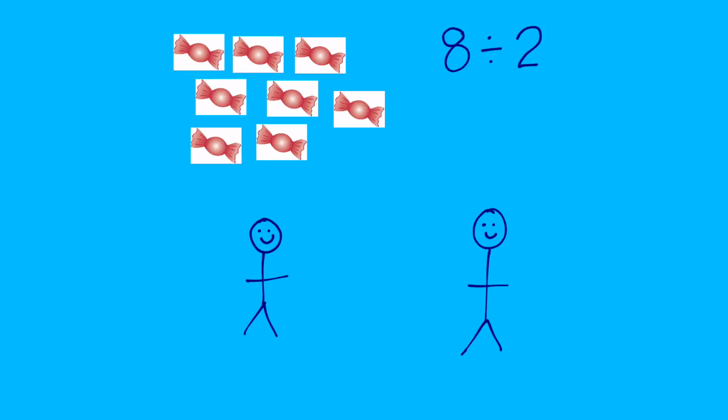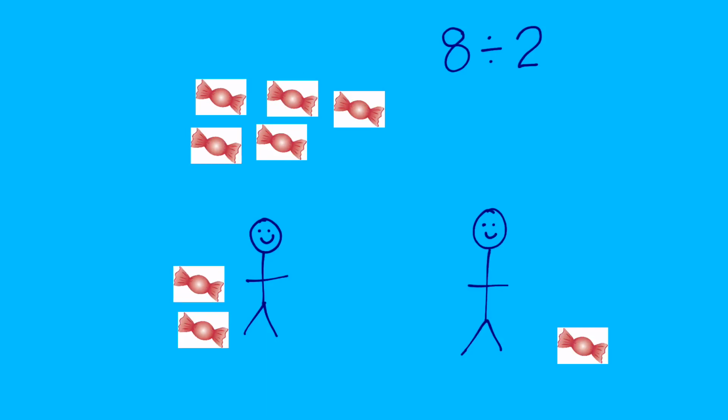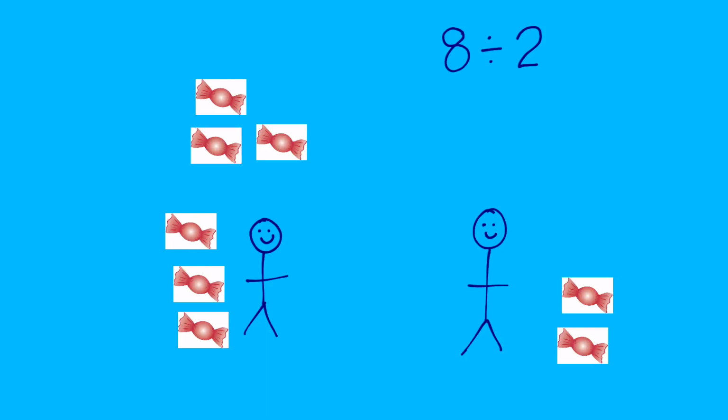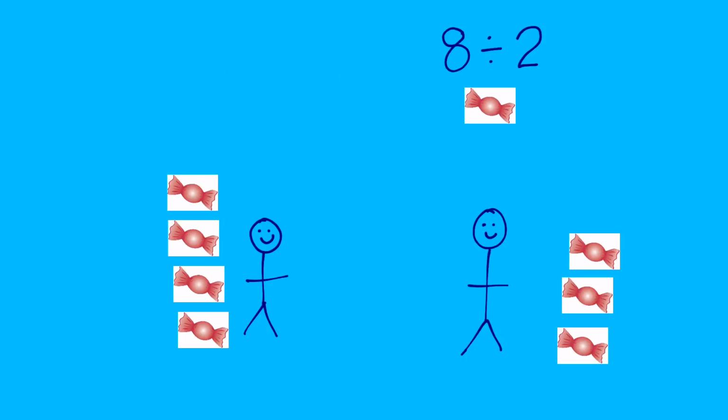So I'm going to take 1 sweet and I'm going to give that sweet to this person, and then I'm going to take my other sweet and I'm going to keep sharing so they both get the same amount. I have to make it fair, and I keep sharing them out until there's no more sweets left to share out.